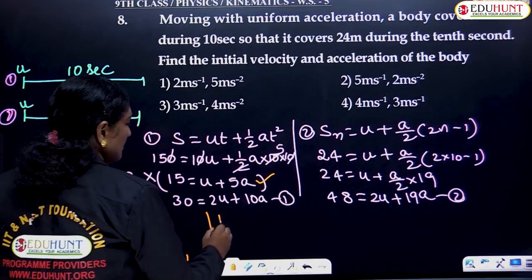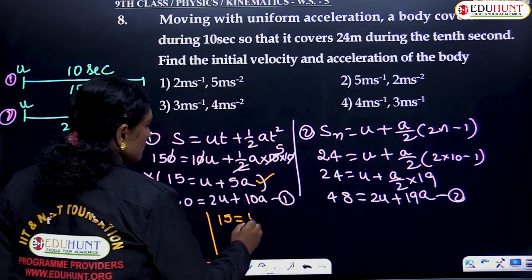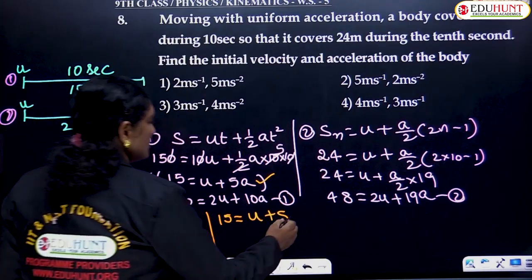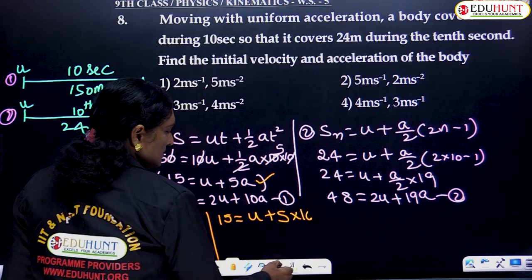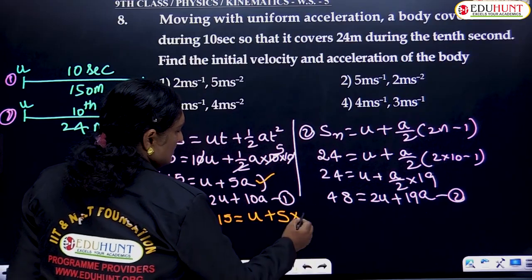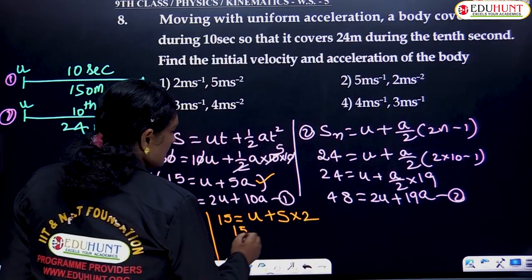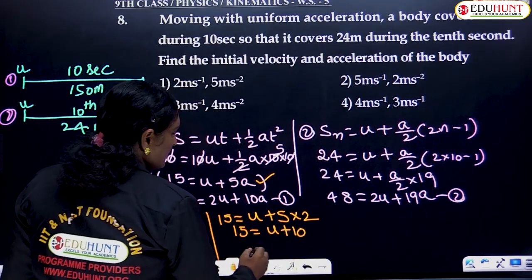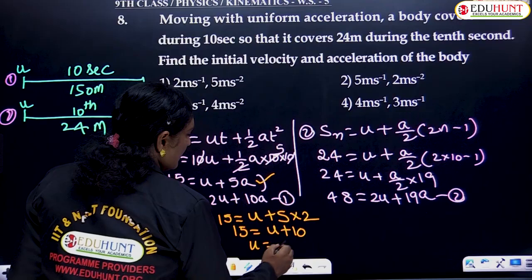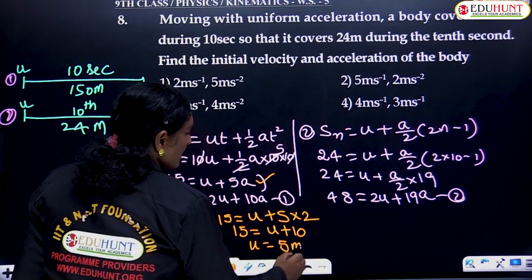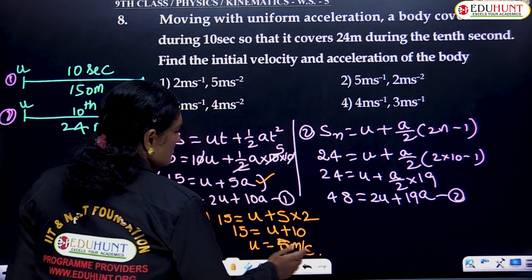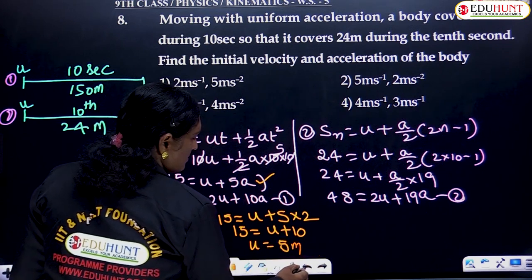What was left, children? 15 equals u plus 5a, a was found to be 2, that is 5 2's are 10. So 15 equals u plus 10, or bring the 10 to the other side, then u will become 15 minus 10, that is 5 meter per second. Okay children, so u was found to be how much?